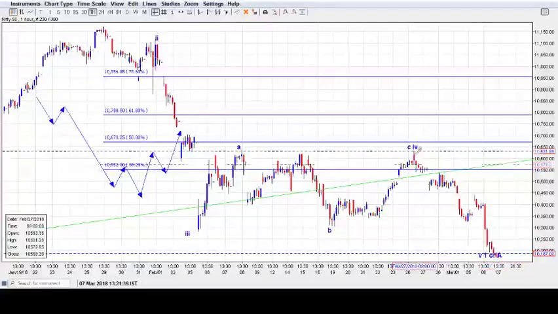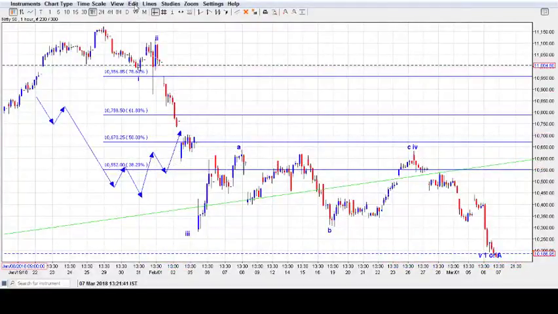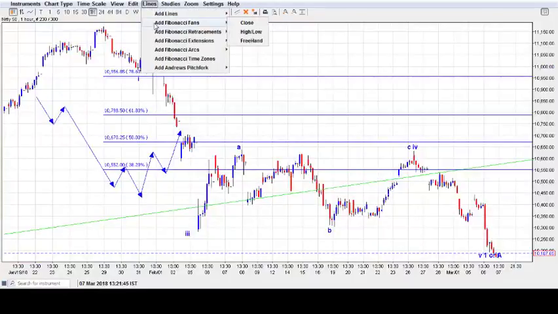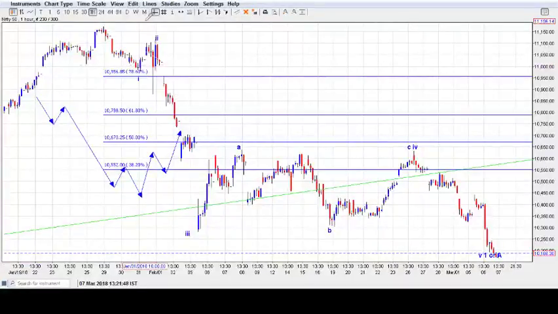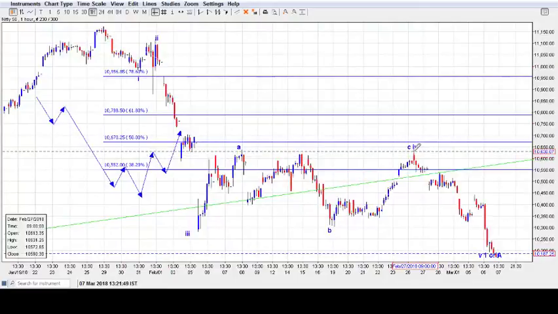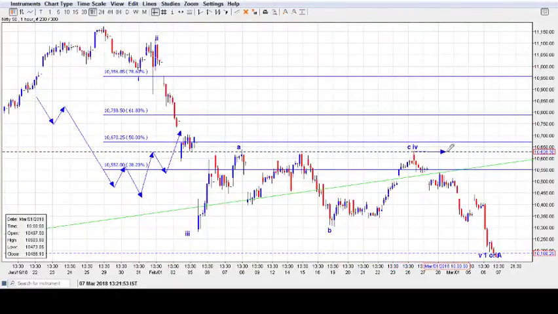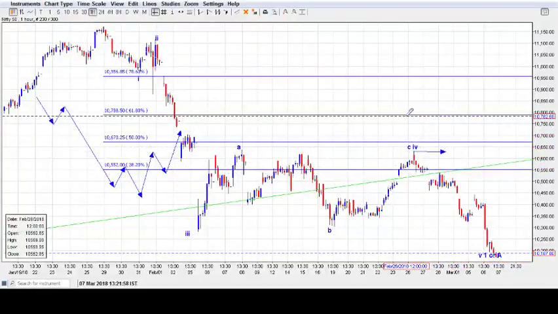So it could terminate somewhere around the wave 4, or it could push towards the Fibonacci 61.8%. That is not meant to speculate for right now. Watch out for a good amount of resistance between the zones 10,628 and the 10,780 mark.